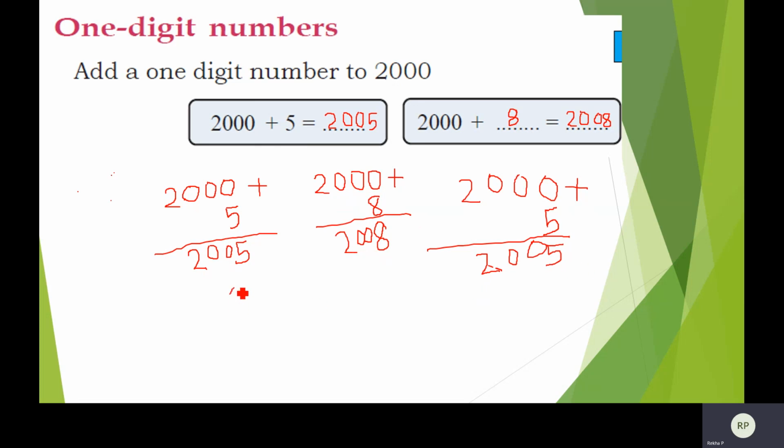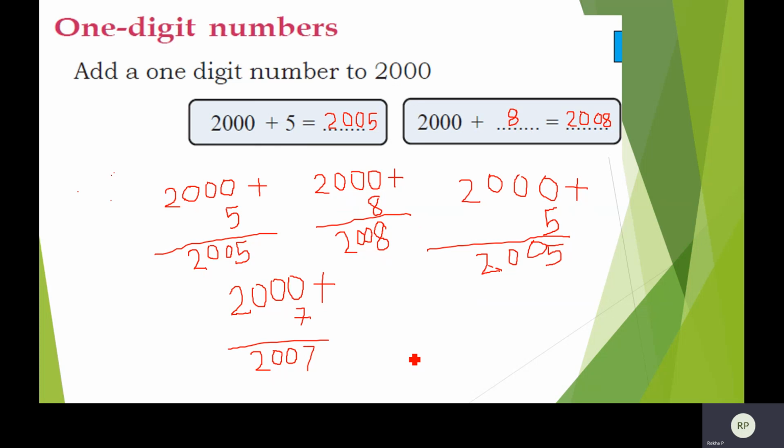What about one more? 2000 plus 7. 0 plus 7, it is 7, and 0, 0, 2, so it is 2007.